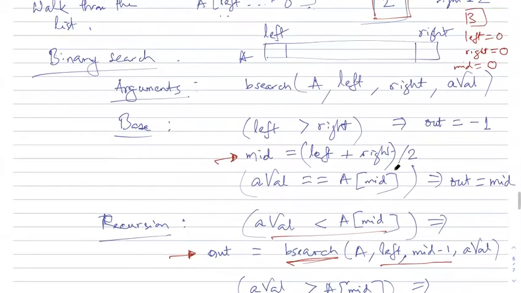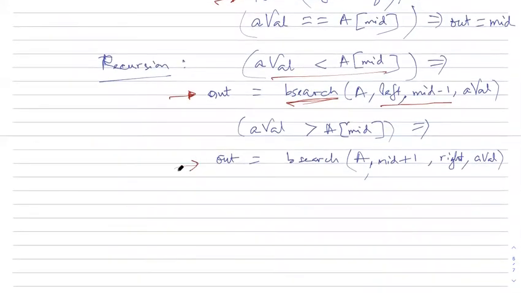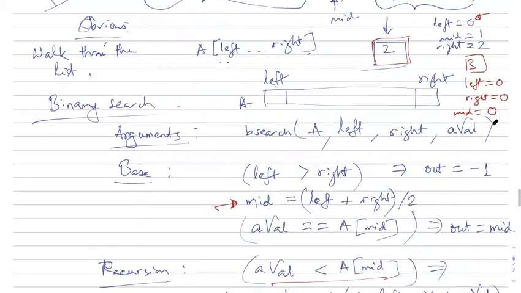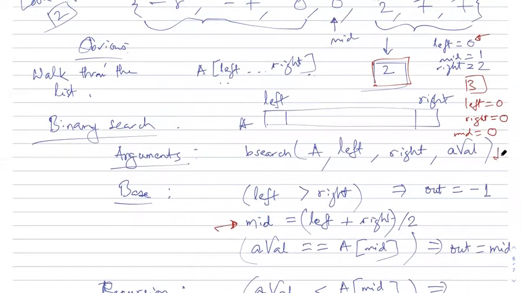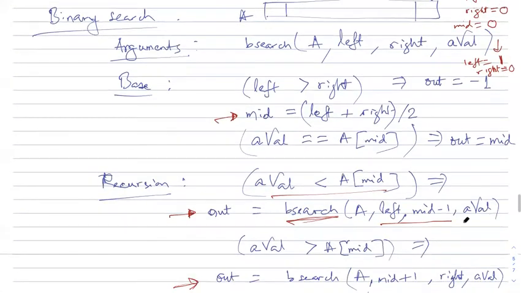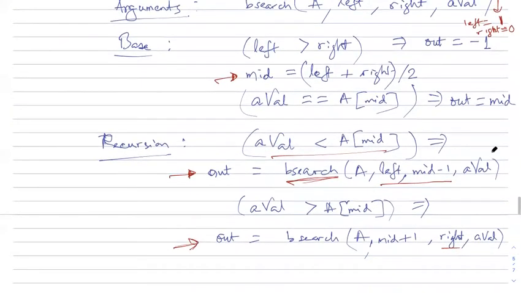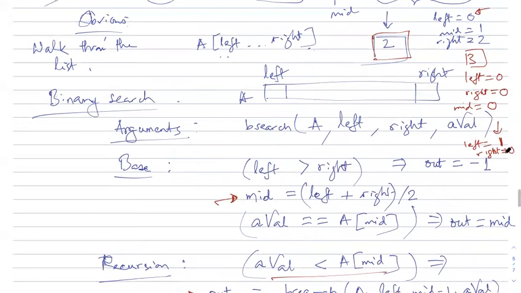So the new left will become equal to mid plus 1, which is 1, as mid was 0, and right would become equal to 0 because there is no change in the right. Right remains the same.